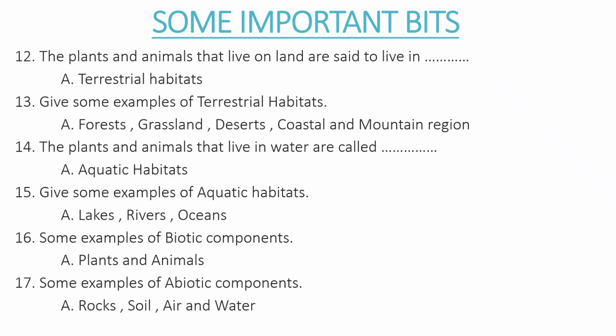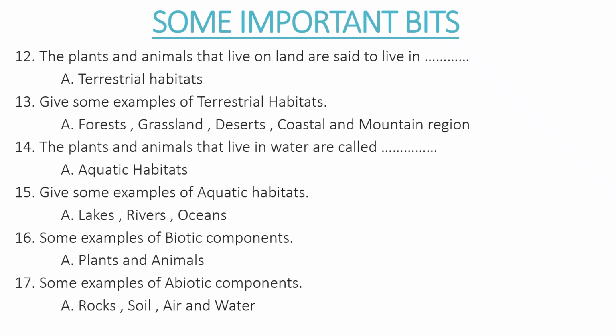The plants and animals that live in water are called aquatic habitats. Give some examples of aquatic habitats. Lakes, rivers, and oceans.